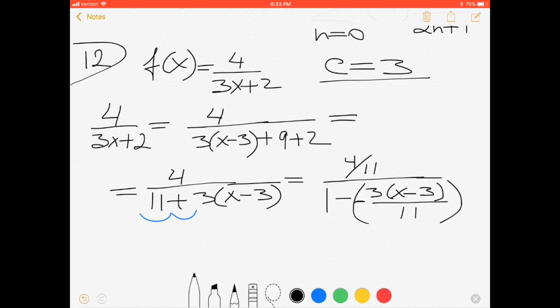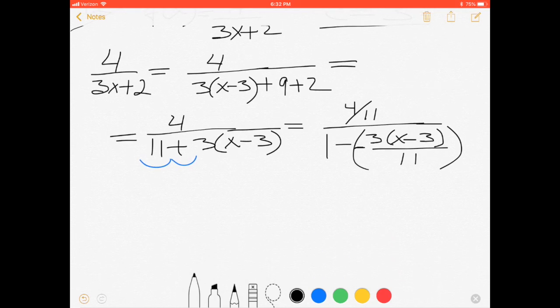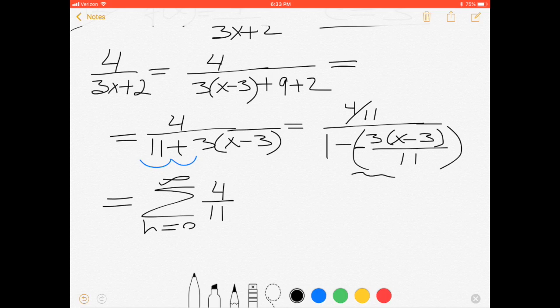Now my function is ready to be written as a series from 0 to infinity, with coefficient 4 over 11 because it's the first term, and r will be what we have inside: minus 3 times (x minus 3) over 11, to the power n.